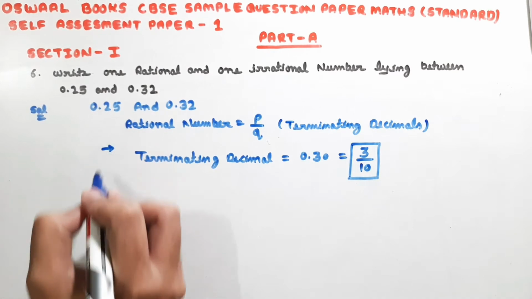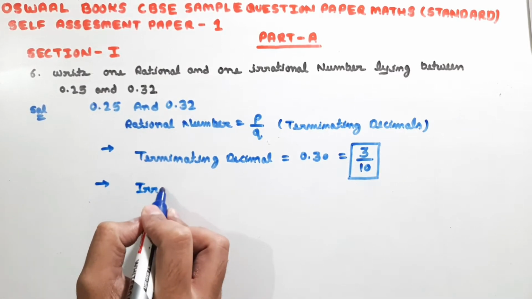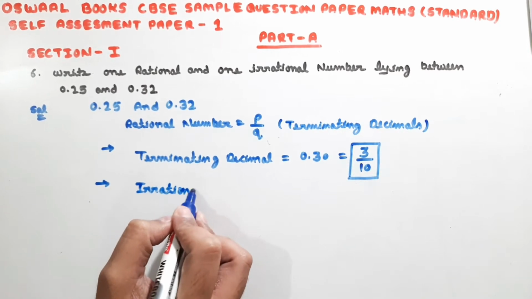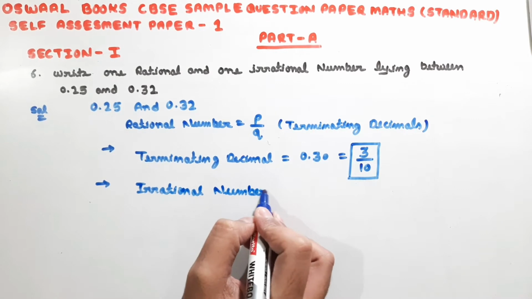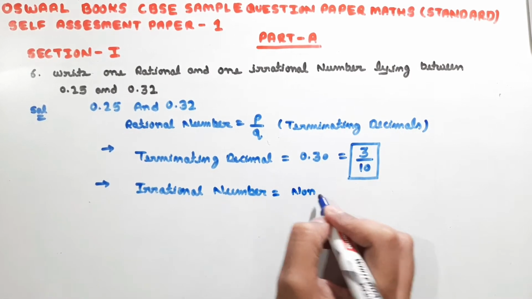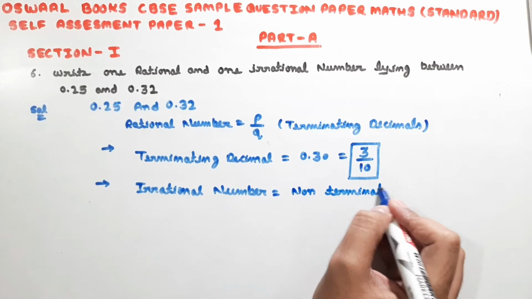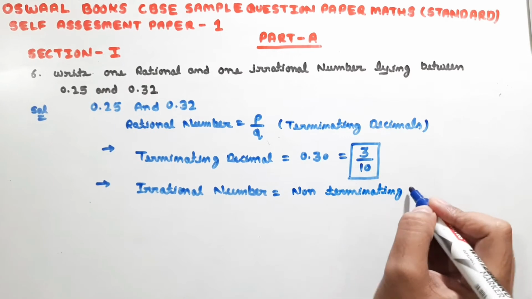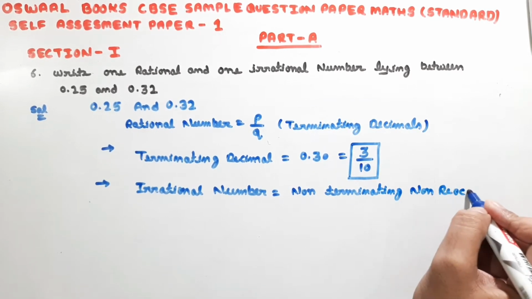Now, one irrational number. We know that irrational numbers are non-terminating and non-recurring.